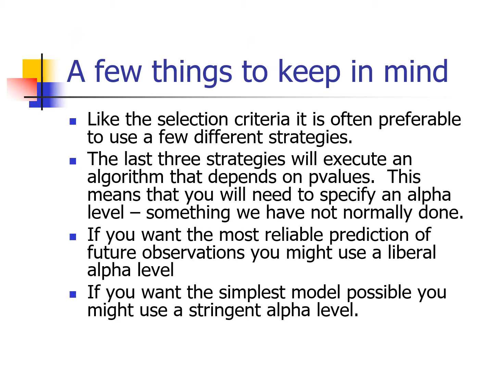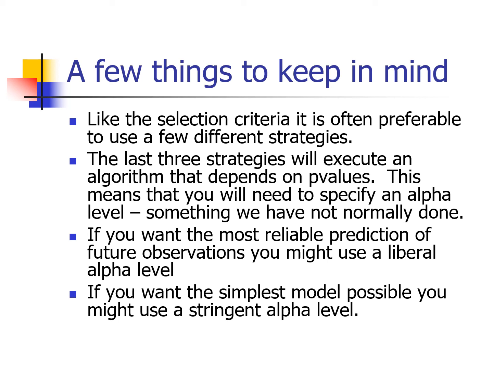Now, a few things to keep in mind. Like with selection criteria, it's often preferable to use a few different strategies. We'll talk about that when we do the examples. Also, the last 3 of those strategies, the forward, the backward, the stepwise, execute an algorithm that is p-value dependent.